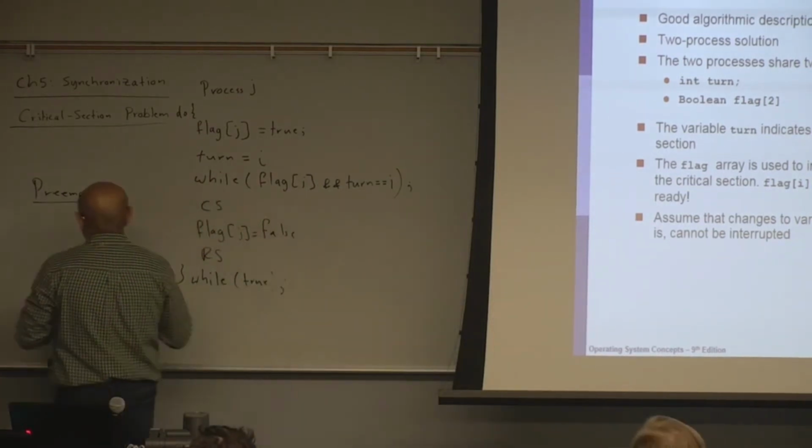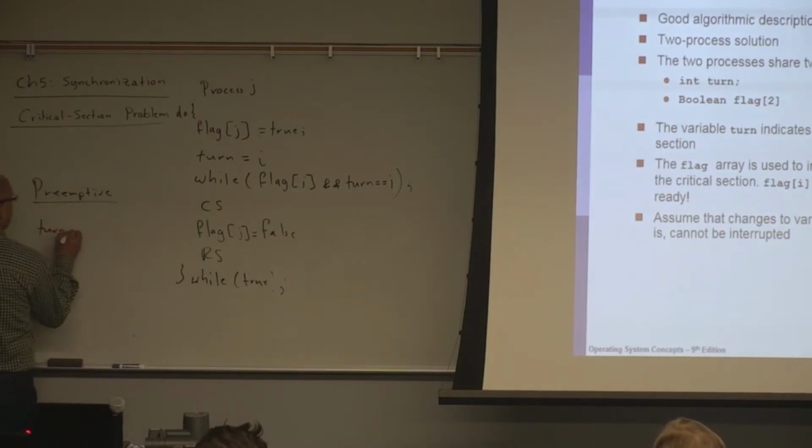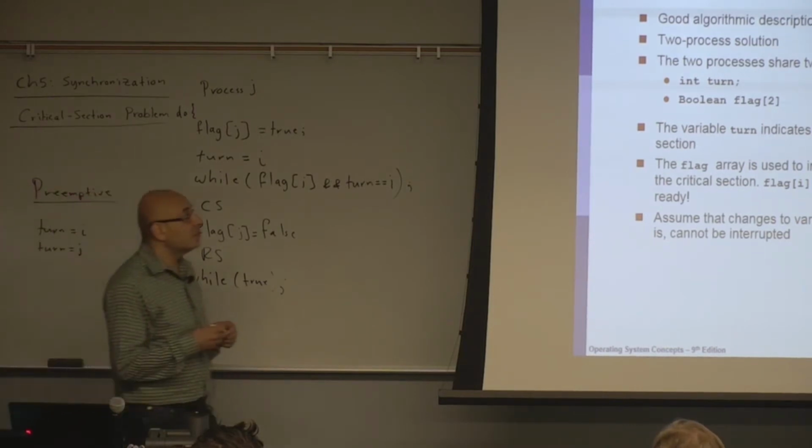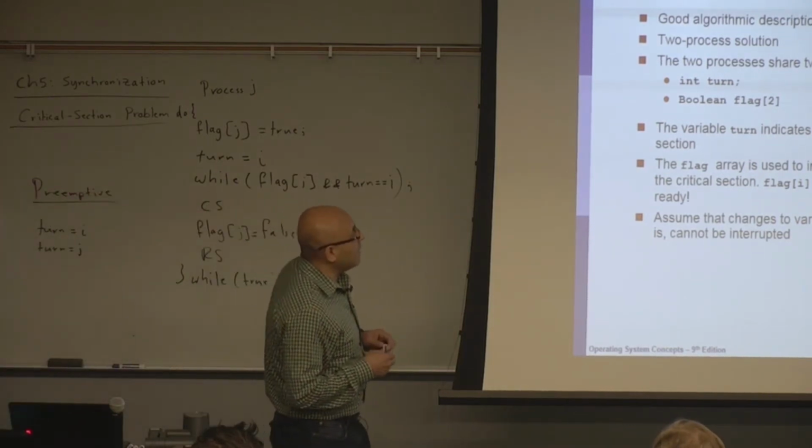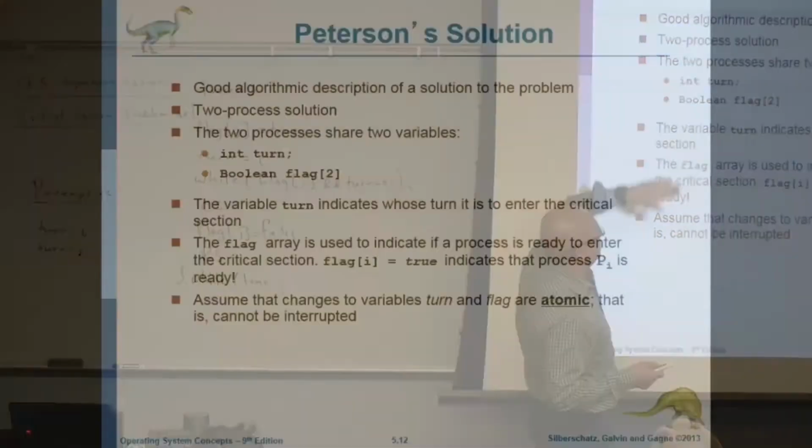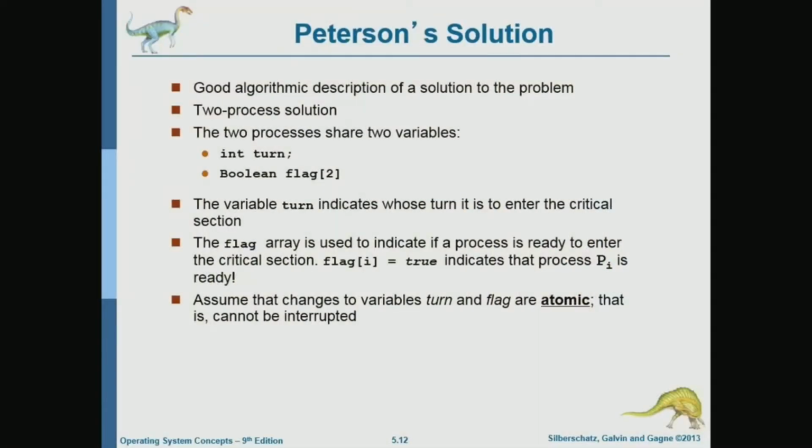So if turn equals I, then it's I's turn. If turn equals J, then it's J's turn. And flag is a flag indicating if a process is interested in the critical section. So if flag of I is true, then I is interested. If flag of J is true, then J is interested.